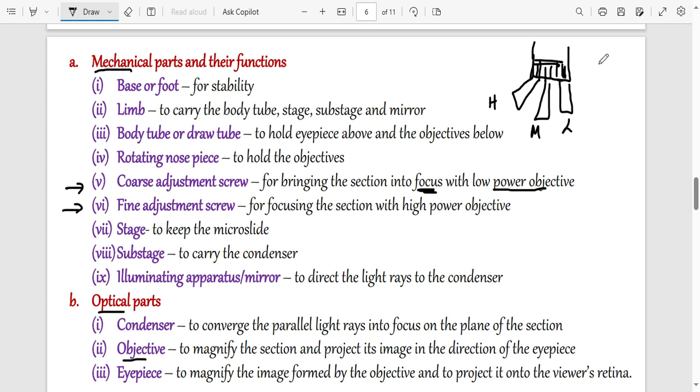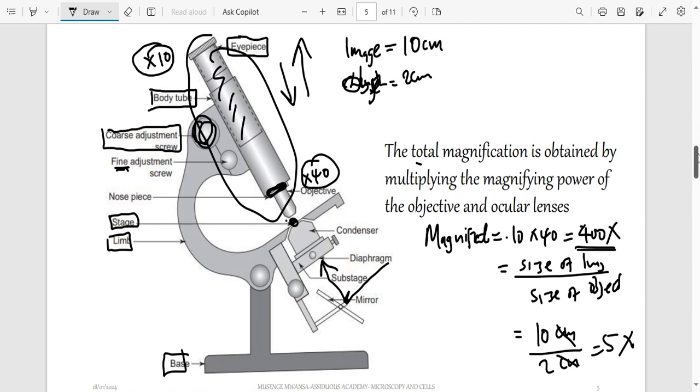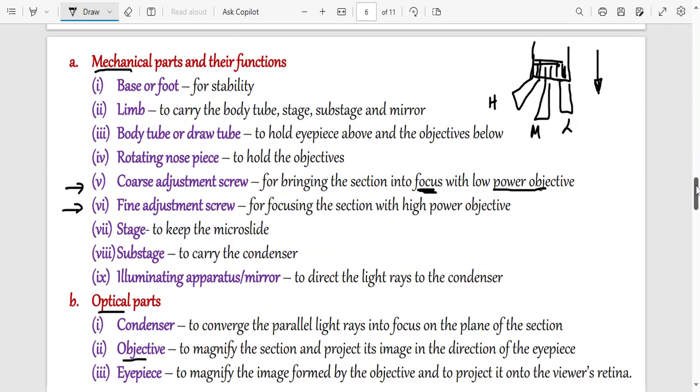Remember we said the coarse adjustment knob is just to move your entire barrel, or the whole of this structure here, up or down. So it means that you will not be able to view something much in detail. But at high power, if you want to see something in detail, you can now focus it using the fine adjustment knob. You are rotating it so that you can see pictures more clearly.